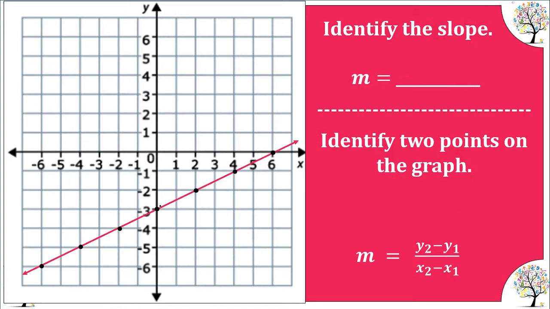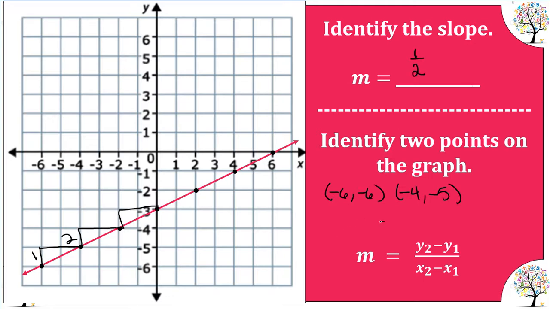For this slope, let's identify these points here. So this one is (-6, -6). And I can use (-4, -5). So I'm going to go up 1 and to the right 2. Up 1, right 2. Up 1, right 2, and on and on. My slope is 1/2.